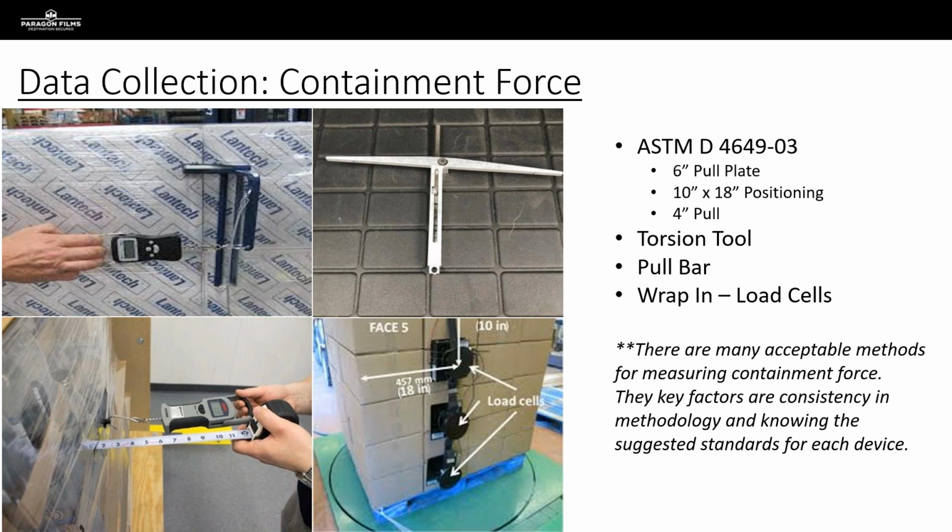So of course you have the T-bar in the top right, and you have the pull plate on the bottom left. All of these have human error to it, but we also have that load cell at the bottom right. What's unique about the load cell is it wraps in with the pallet, and as it is being wrapped, it gives us real-time measurements of the containment forces that it can withstand.